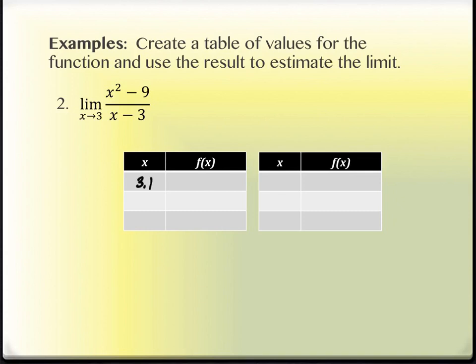But then it has to get closer to 3 as I go down my table. So I will go 3.01 and then 3.001. Slightly smaller than 3 is going to look like 2.9. And getting closer, 2.99, and closer still is 2.999.